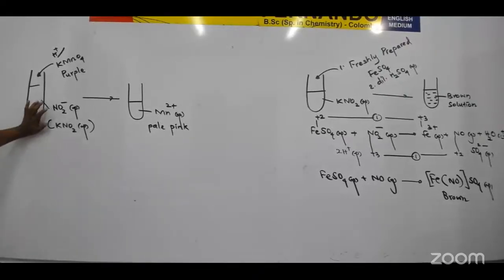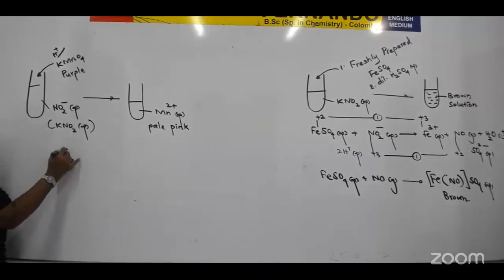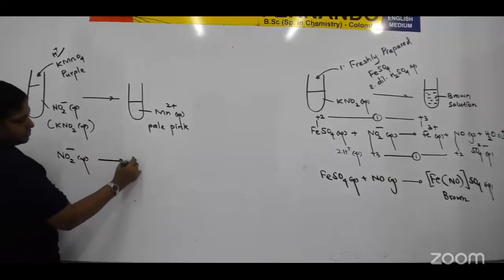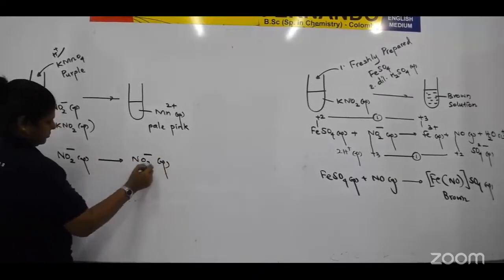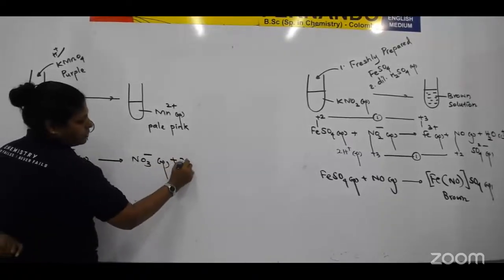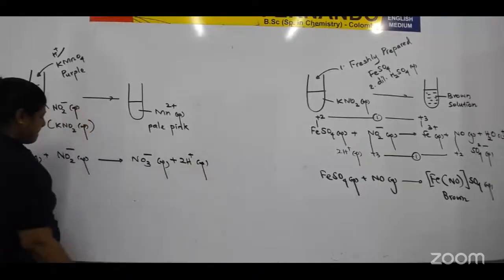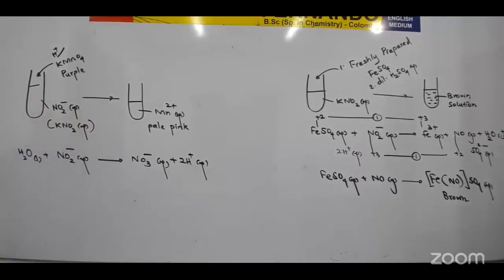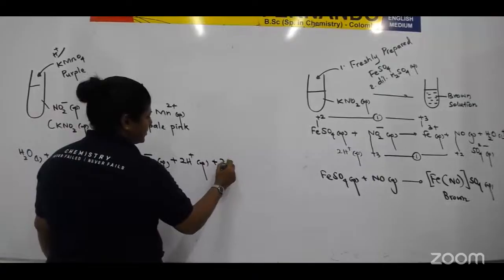Last test. Add acidic KMnO4, initially purple, turns to pale pink. Here NO2 minus is oxidized to NO3 minus. Two oxygen, 3 oxygen, add 1 water to get the same oxygen, then balance hydrogen by adding 2H plus to the product. To get the same charges, add 2 electrons to the product.